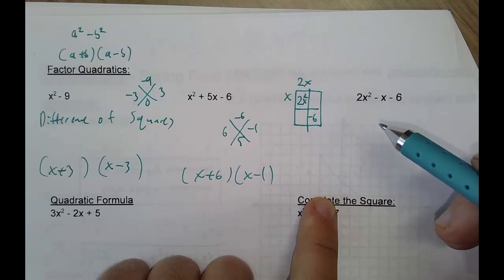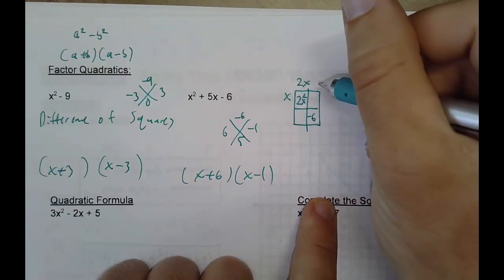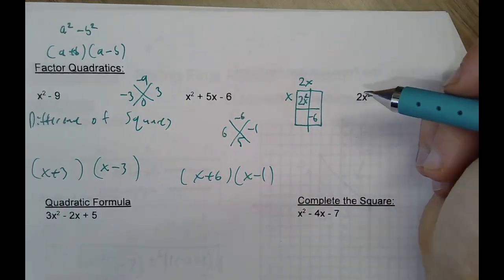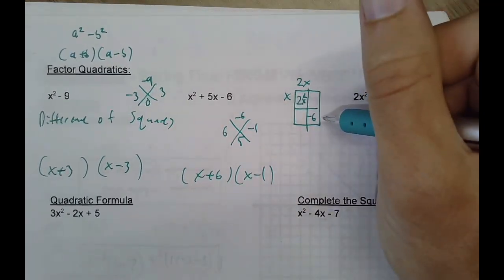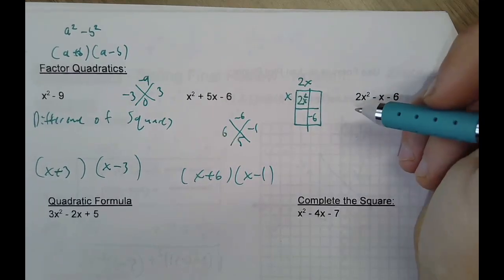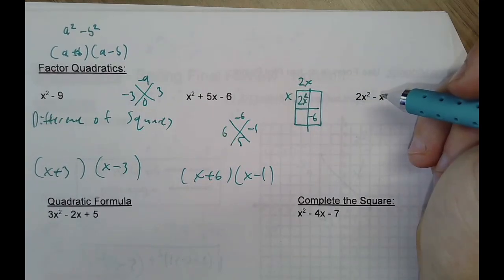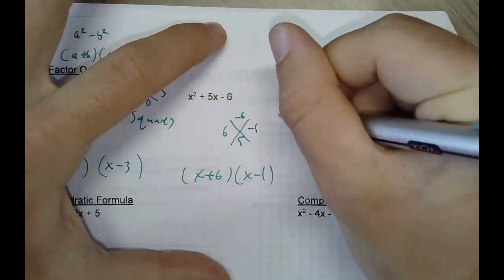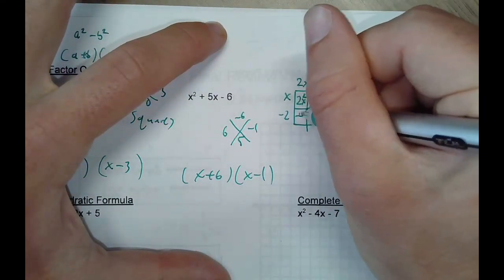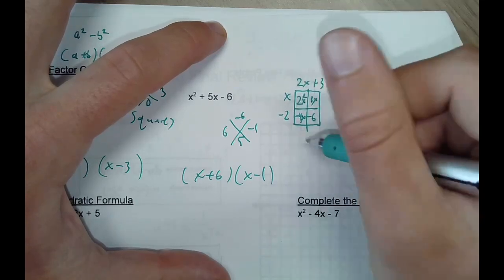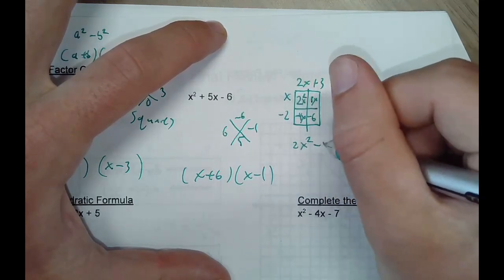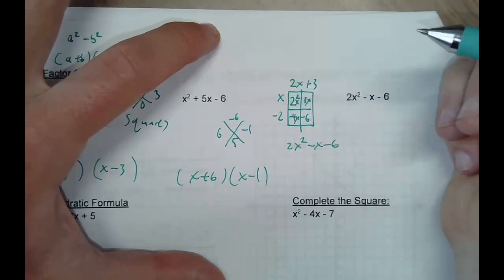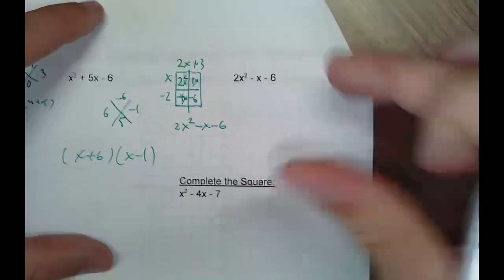Well, they have to multiply to negative 6, so it could be 3 and 2. 3, negative 2. Oh, that's it, isn't it? So it's going to be plus 3 here and a minus 2 here. So you get a minus 4x, and then a 3x here, and altogether it's 2x squared minus x minus 6. So these are my factors, and that's the guess and check box method.